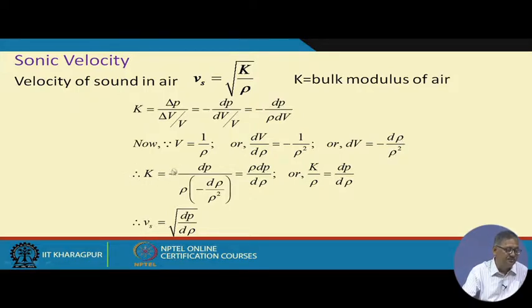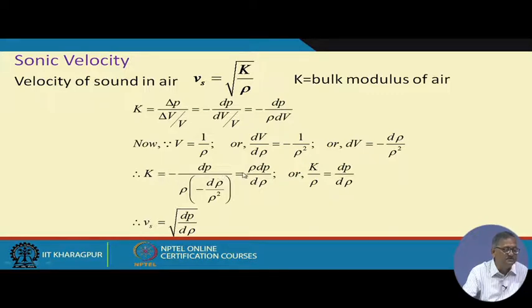Therefore, the bulk modulus K can be substituted with minus dP over rho times minus d rho by rho square. So this minus goes off, one rho goes off, so the rho comes to the top. So that is rho dP over d rho.